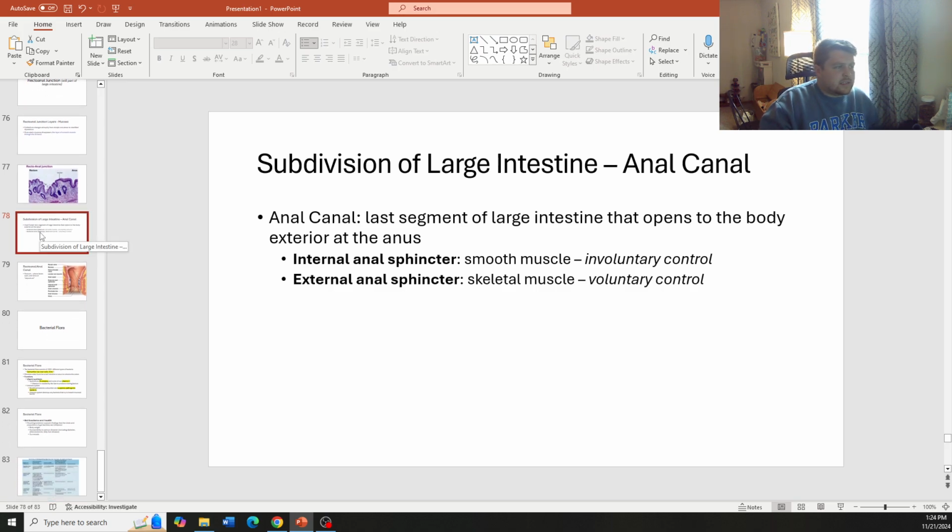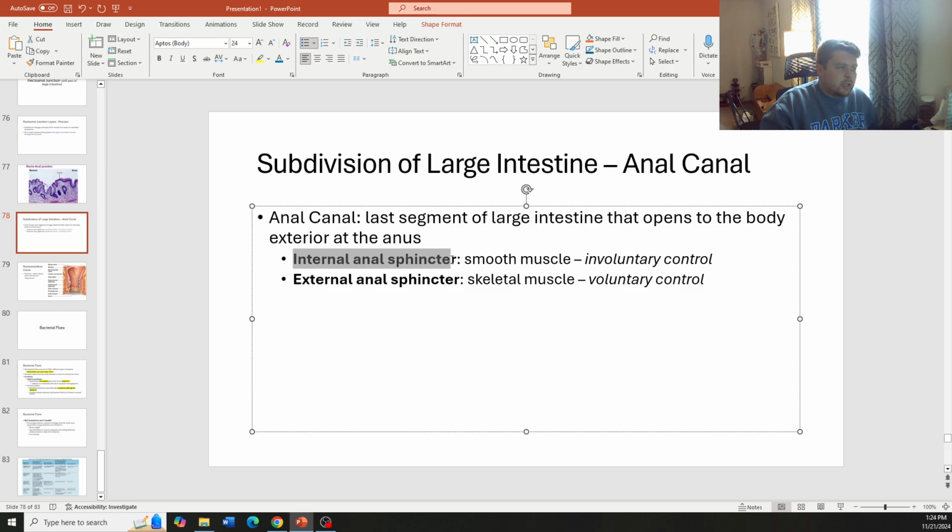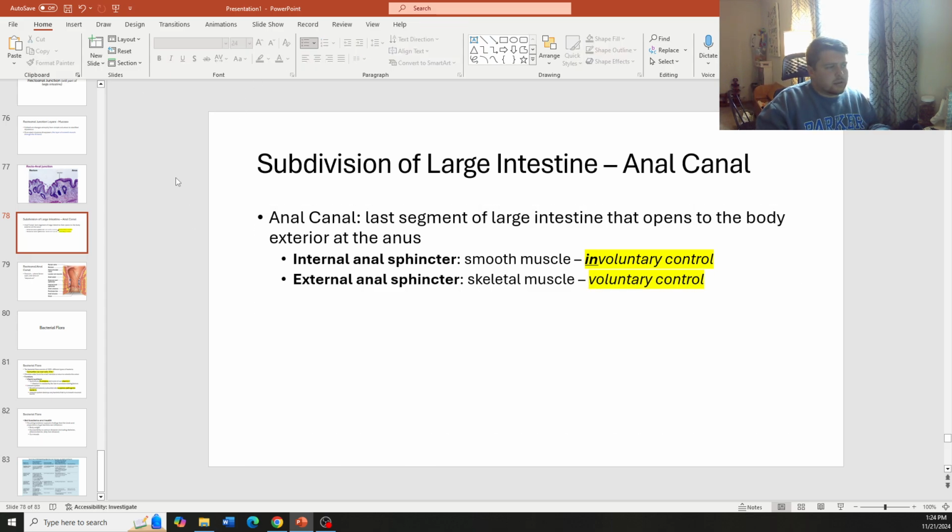The anal canal is a little subdivision of all of this. It's the last segment of the large intestine that opens to the body. We have two sphincter muscles here. We have an internal anal sphincter, which is smooth muscle under involuntary control. These are often asked as test questions, the voluntary versus involuntary control. Always remember, skeletal muscle is voluntary, smooth muscle is involuntary.